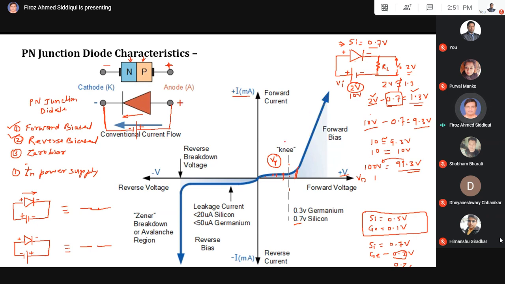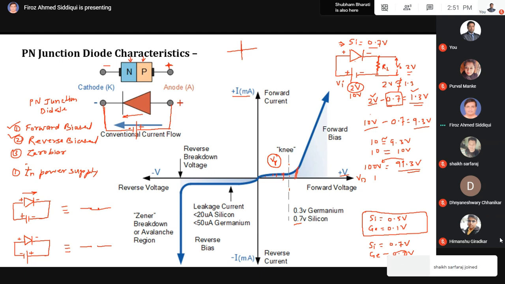So if you talk about the ideal diode, the characteristic will be like this. Let me take a different color.